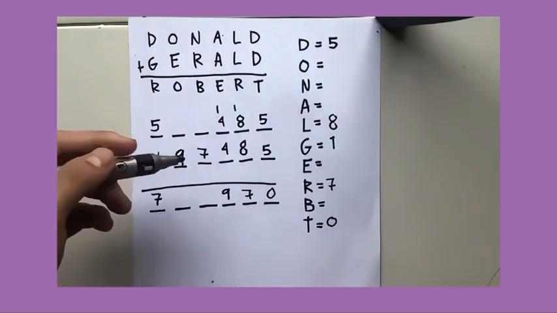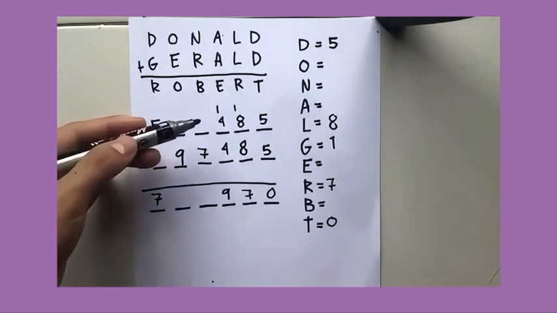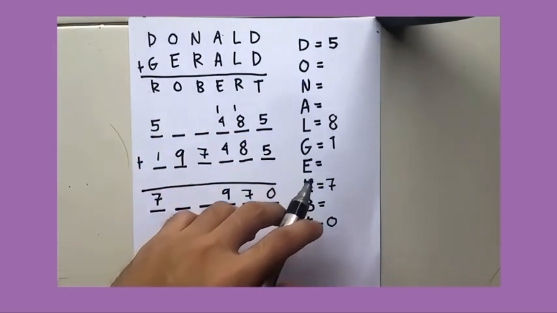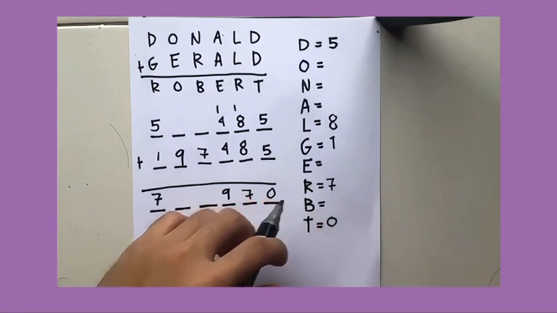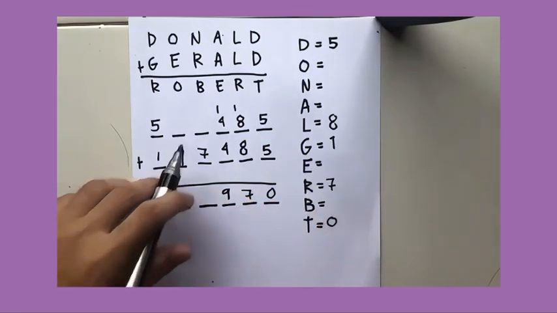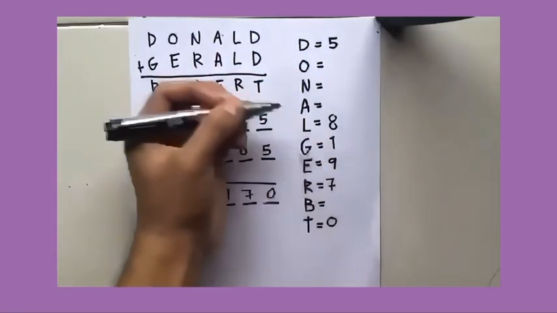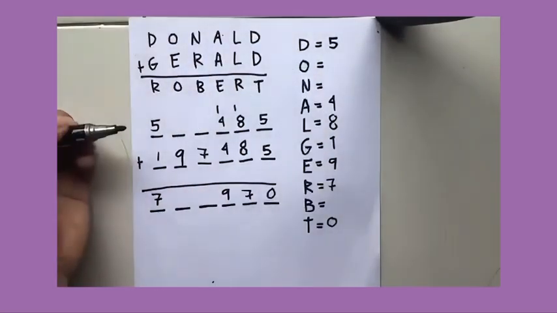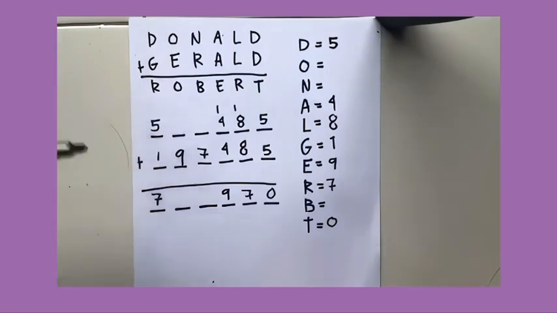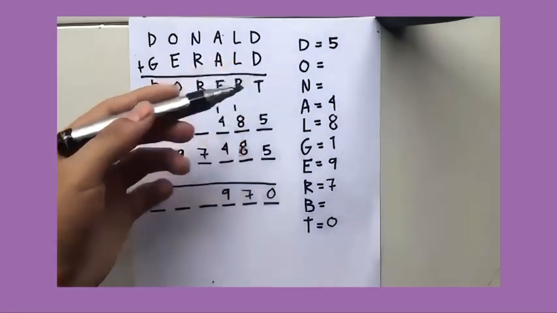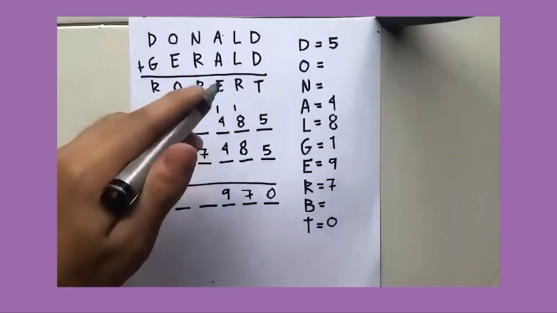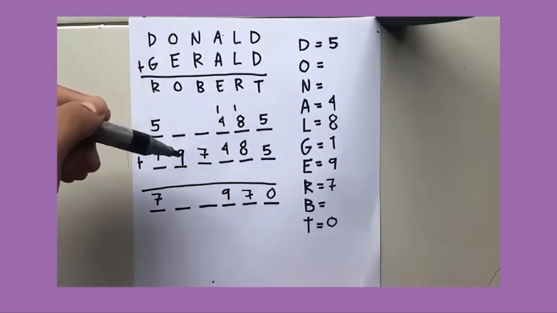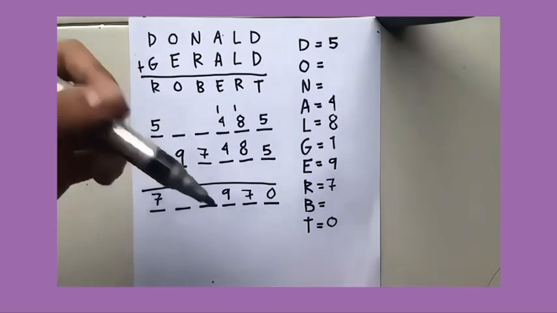Next, the N. So let's first substitute everything and put it here so we can know which numbers are left. E is equal to 9, A is equal to 4, and we don't have N yet, we don't have B, and we don't have O. So the remaining numbers are 2, 3, and 6.